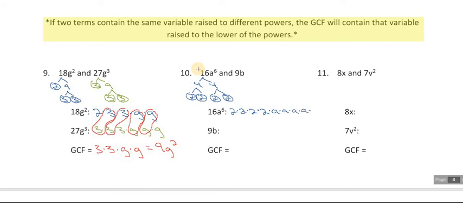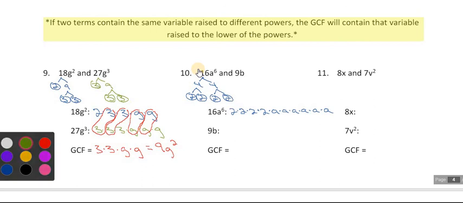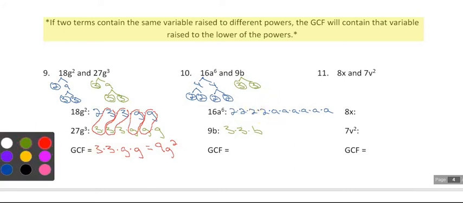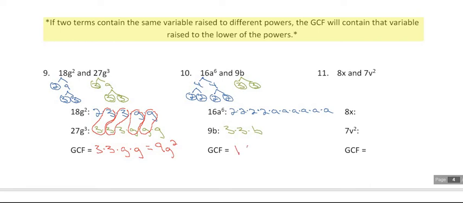For 9b, 9 is 3 times 3, both of which are prime, so 3 times 3 times b. Well, what do they have in common? Absolutely nothing. So their GCF is 1, so they're relatively prime.